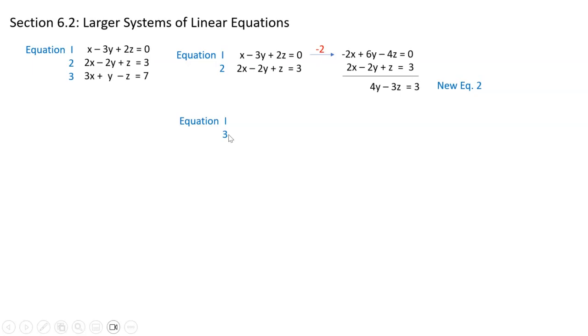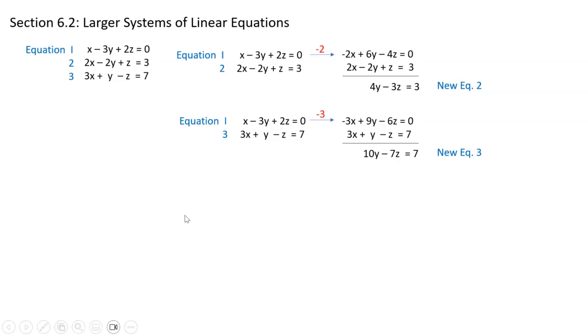Same process, I have to get rid of the x's. So I'm going to multiply -3 by equation 1. It gives us -3x plus 9y minus 6z equals 0. Equation 3, we just bring it over. And if you notice, the x's got eliminated. So this is the new equation 3.